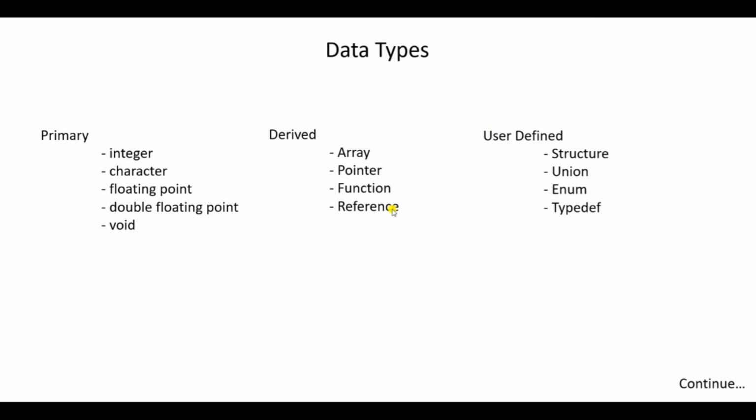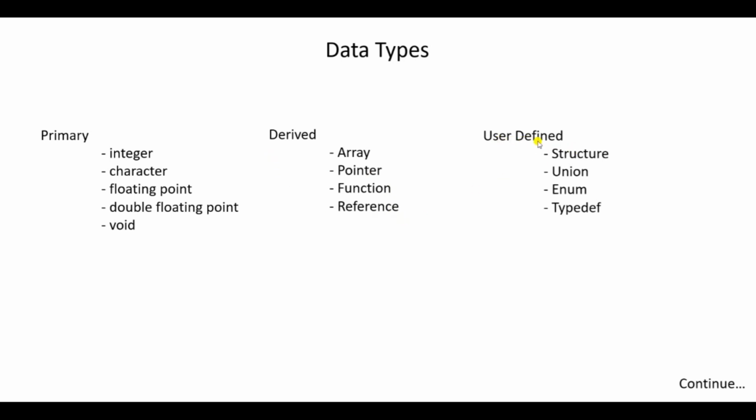A reference is similar to a pointer, but a pointer holds the address of another variable, whereas a reference is kind of an alias to the existing variable. So it will not hold any memory. It will just point to some other variable. There is no additional memory involved in the case of a reference.